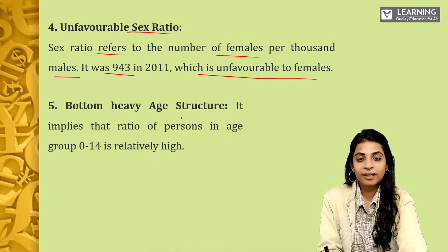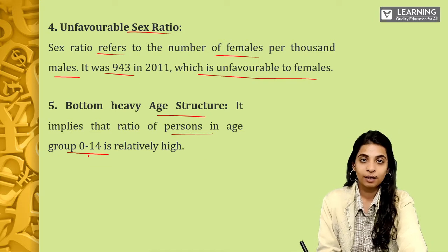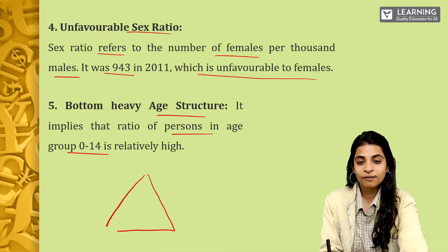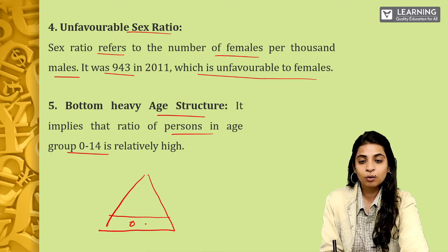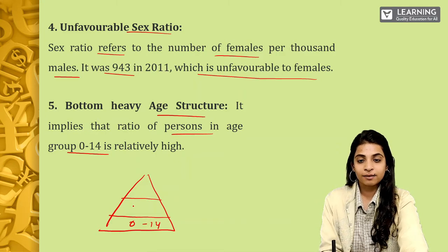Now, bottom heavy age structure. It implies the ratio of persons in the age group of 0 to 14 is relatively high. If I just give you a rough example: this is the population where 0 to 14 year age people exist, this is the adults from 15 to 60 years, and this is the population 60 and above.